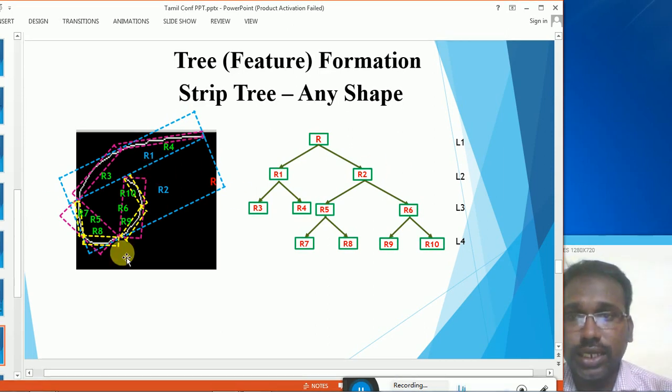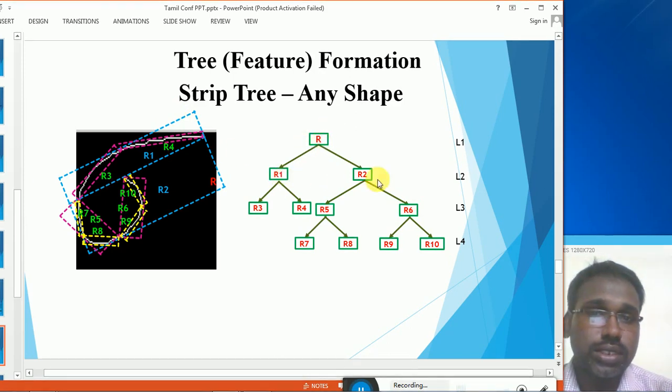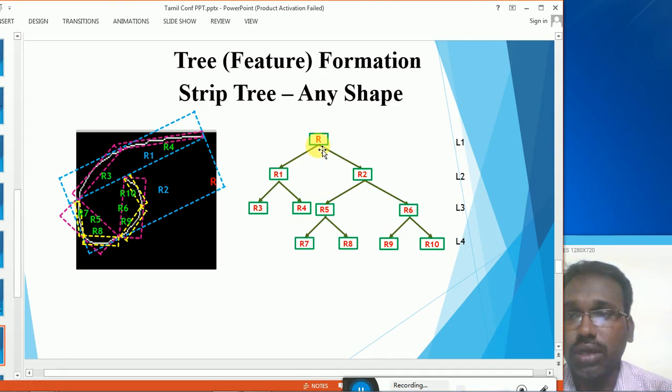The initial rectangle is taken as the root node. The sub-rectangles are taken as the leaf nodes of the root node R. The same procedure is applied in each rectangle to get feature vectors.